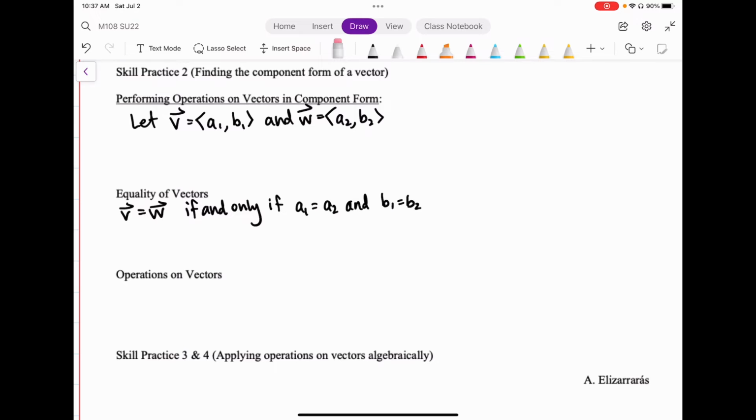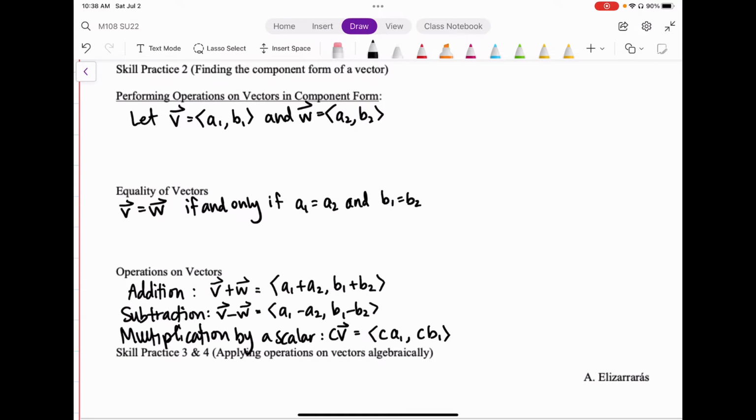We can perform operations on vectors by adding them, subtracting them, multiplying by a scalar. You can do each of those operations. Addition of 2 vectors, you take their a1 plus a2 components and then their b1 plus b2 components. For subtraction, you do a1 minus a2 and b1 minus b2.